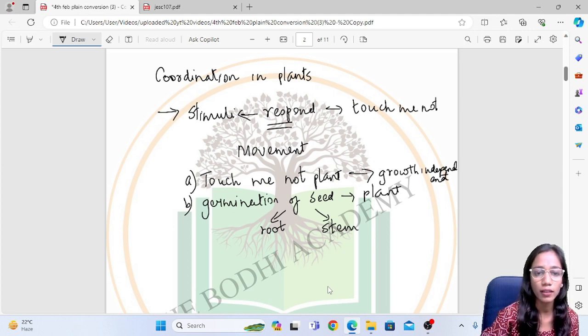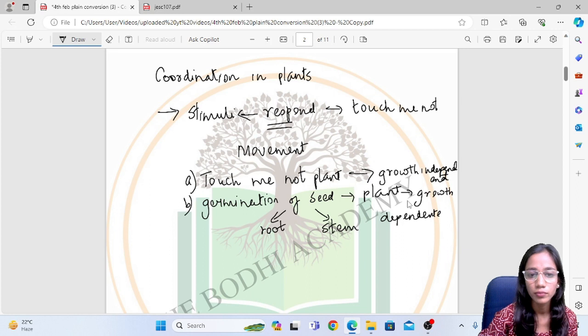In the second condition it is growth dependent, meaning that this movement is leading to growth. So there are two types of movements seen in plants: one is growth independent and the second is growth dependent.